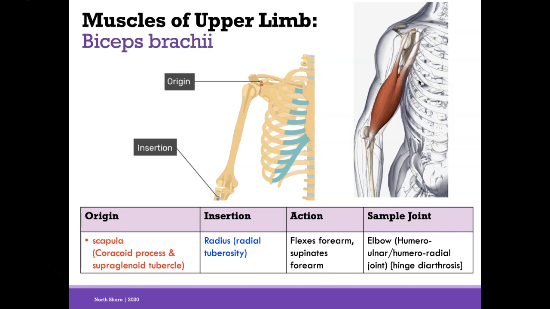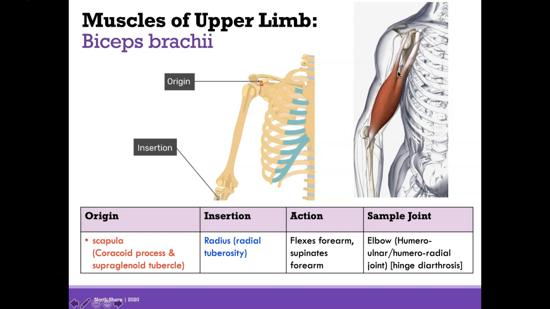So let's move on to the muscles of the upper limb, most notably the biceps brachii. And these help flex the forearm, like in a bicep curl, and also help supinate the forearm. And this helps flex the forearm at the elbow, which has two joints, the humeroulnar and the humeroradial joint. That's the elbow joint. And that's a hinge diarthrosis, right, at the elbow.